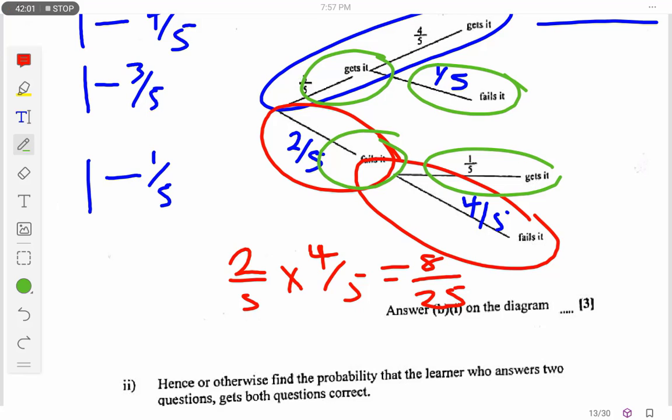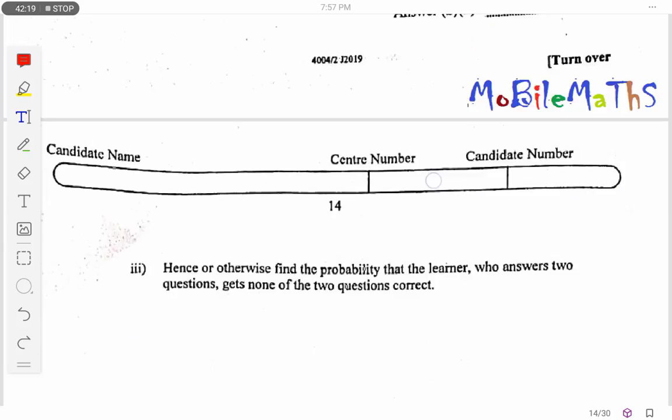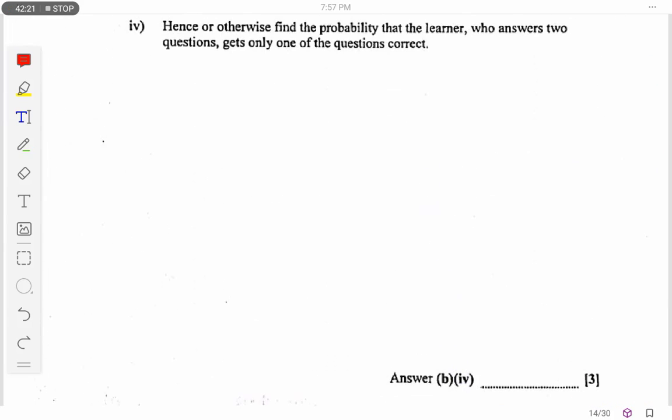So for the first one, it's going to be 3/5 times 1/5. Then this we are going to add to the other one, which is going to be 2/5 times 1/5. So if we simplify this, let me go down there and simplify it on the question.